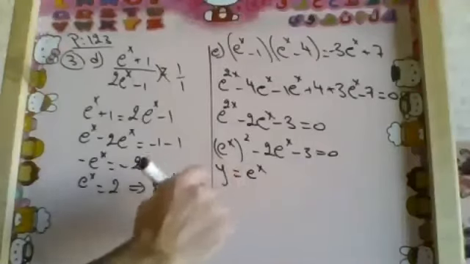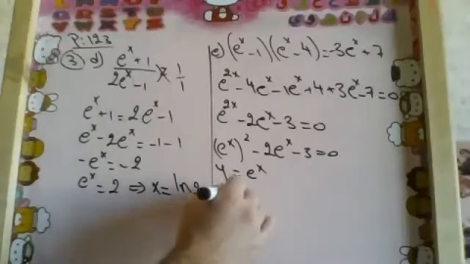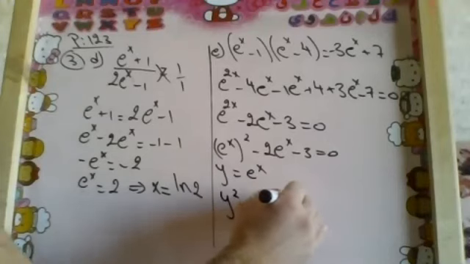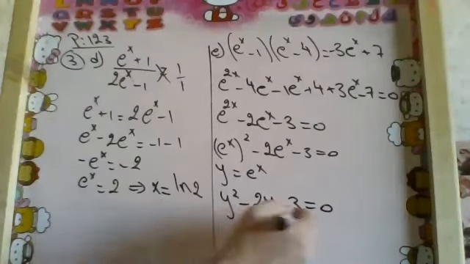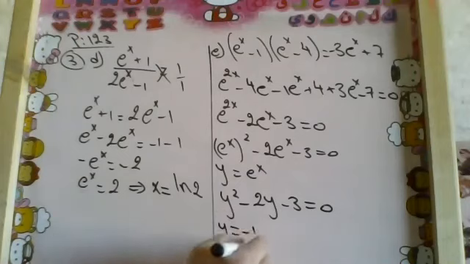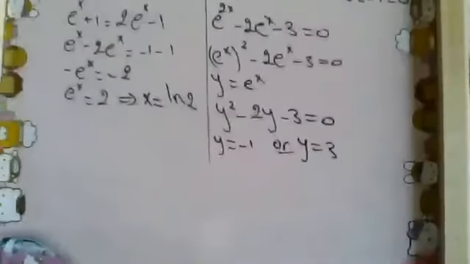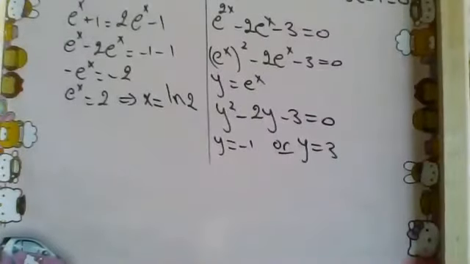Then the equation is equivalent to y squared minus 2y minus 3 equals 0, which is a quadratic equation. Solve it, and you get y equal to negative 1 or y equal to 3.